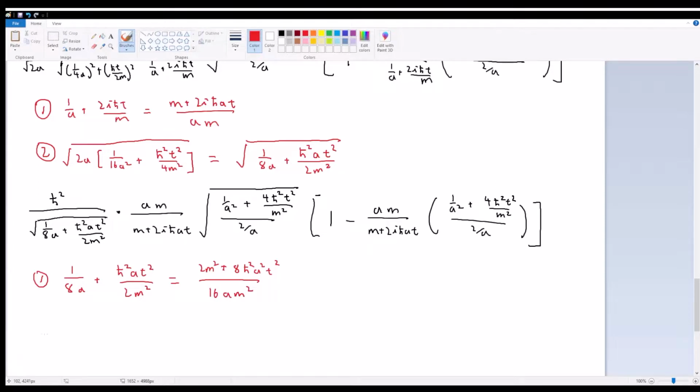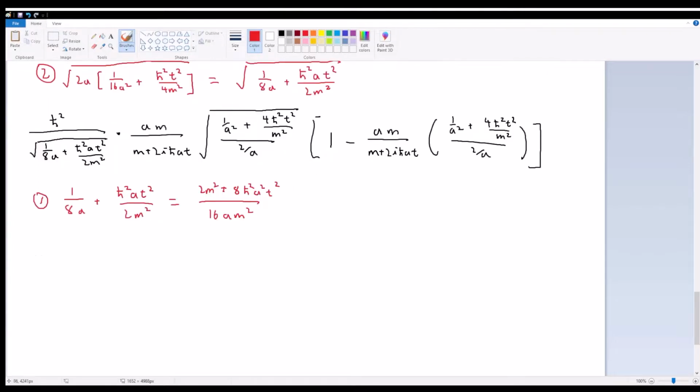And then number 2, we have 1 over a squared plus 4h bar squared t squared over m squared, all divided by 2 over a.